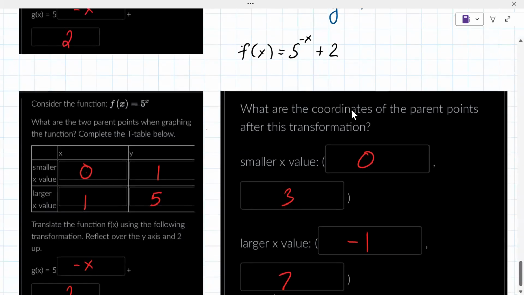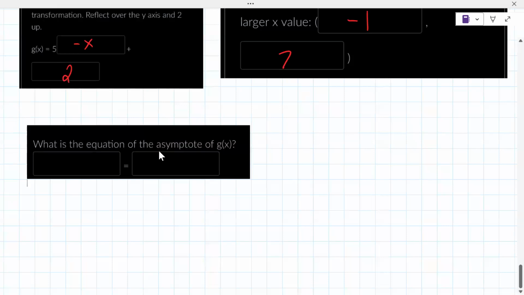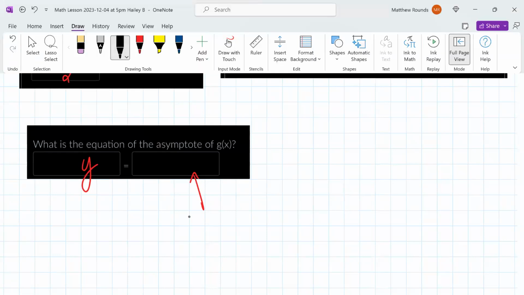Now, alternatively, you could put 0 in here and get 3, -1 in here to get 7. The equation of the asymptote is always the vertical transformation. So it's always y equals, and then what goes here is the vertical shift.